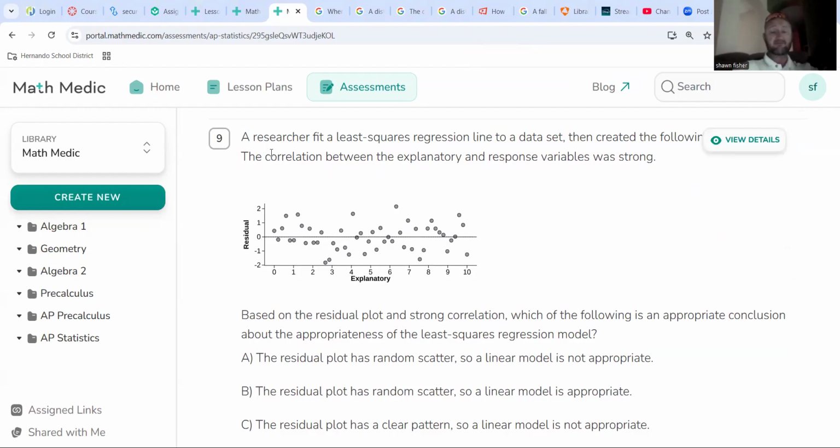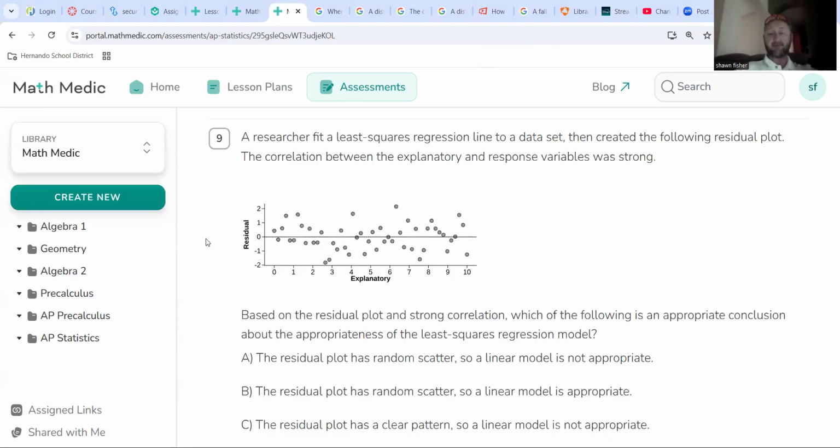The researcher fit a least squares regression line, right? When you get a least squares regression line in a scatter plot, you want to know how good that line is, right? And the way that we do that, we look at a residual plot.